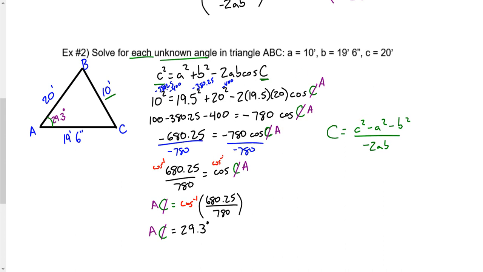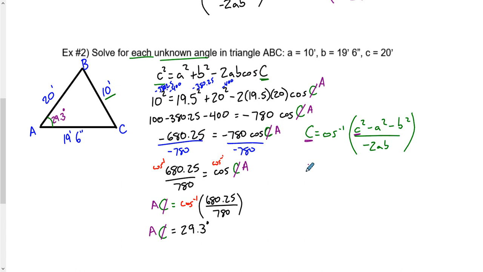Oh, maybe I should actually have my proper cosine inverse in there. This side is across from this angle. So if this is our unknown angle, the 10 is going to have to go into here.